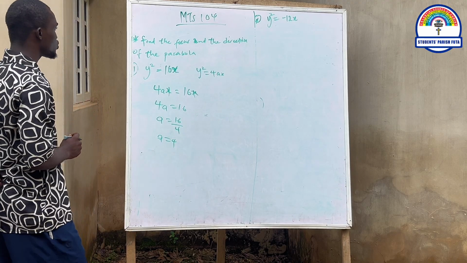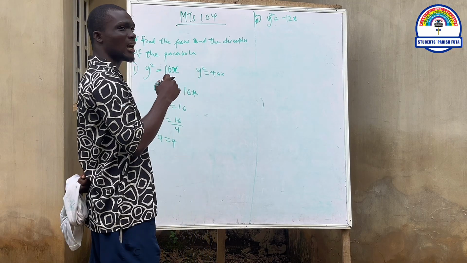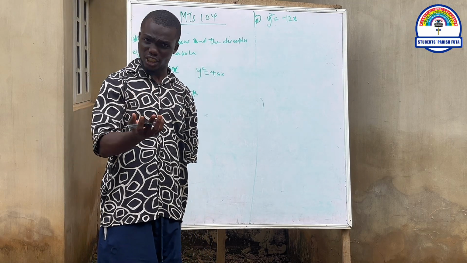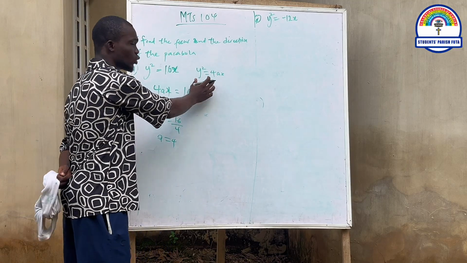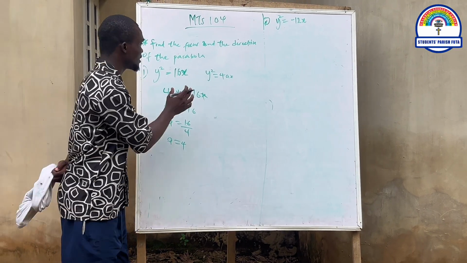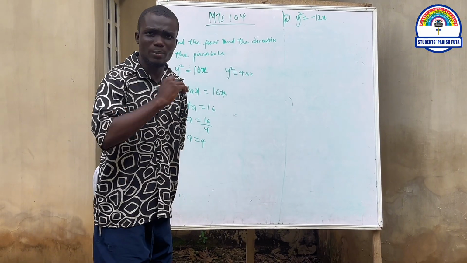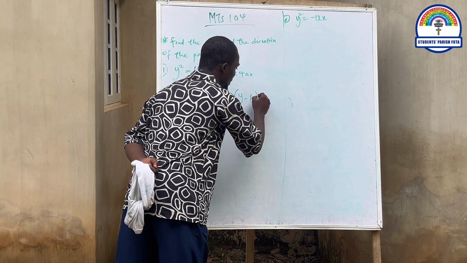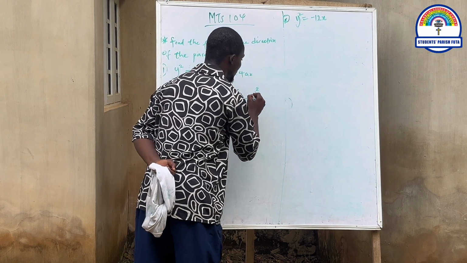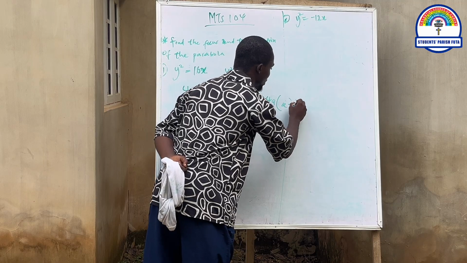Alright, so to find our vertex, our directrix, and our focus, now we have to know h. You understand? So to find h and k, we have to put this one in the conical form. This is our general formula. So what is the conical form of a parabola? That's y minus k all squared is equals to 4a open bracket x minus h.